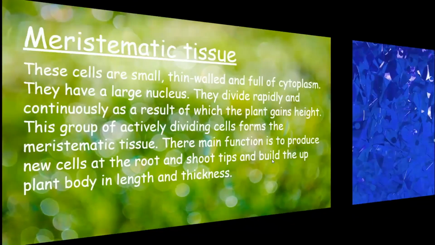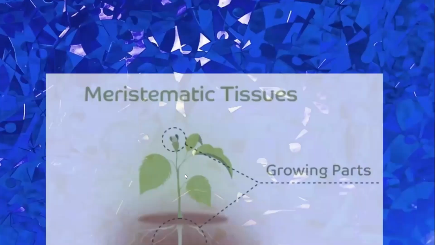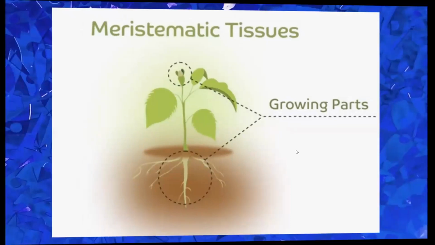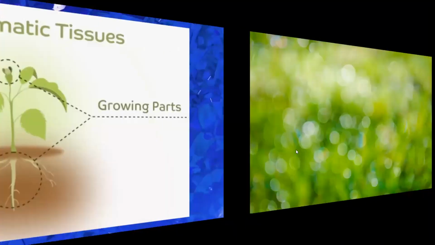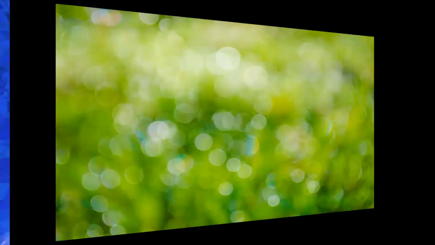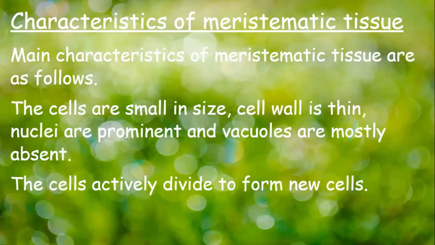So in this image, you can see the meristematic tissue, and they are found at the growing parts of a plant, that are the root and the shoot tips. Now we will discuss the characteristics of meristematic tissue. The cells are small in size, cell wall is thin, nuclei are prominent, and vacuoles are mostly absent.